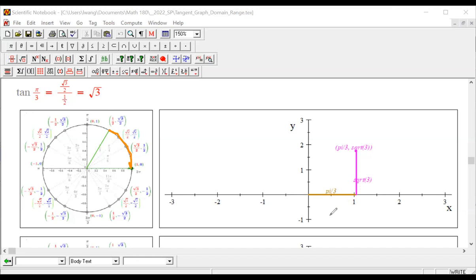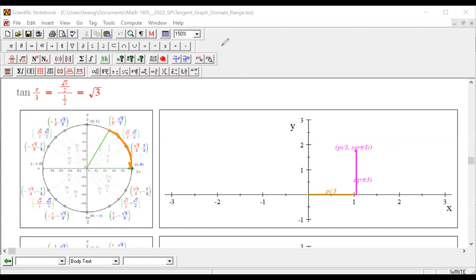You see, it's very consistent with sine and cosine, and the only difference is the ratio is different. So this point has input pi over 3 and output square root of 3. This purple number has the height of square root of 3.